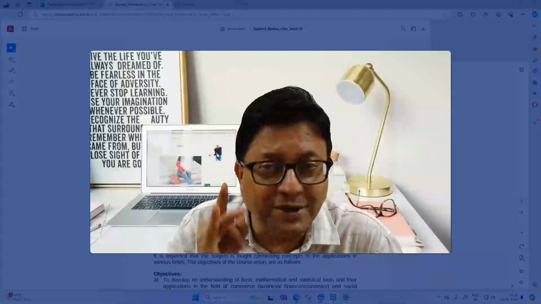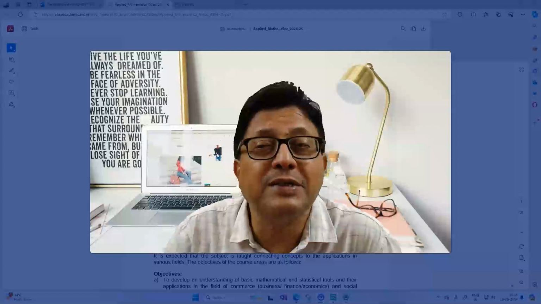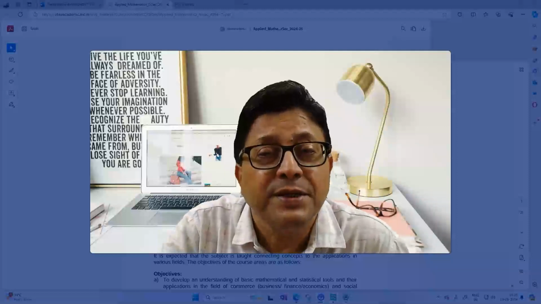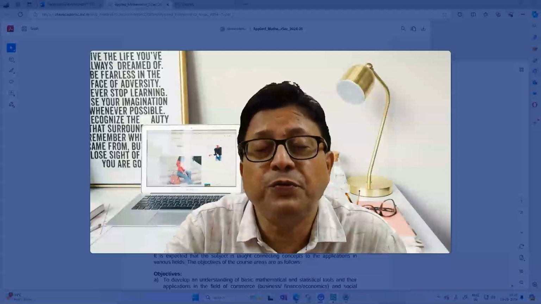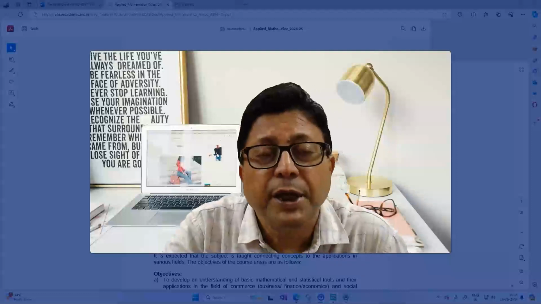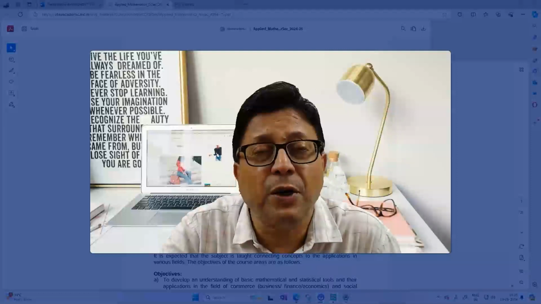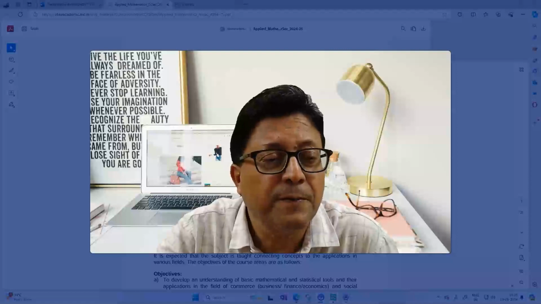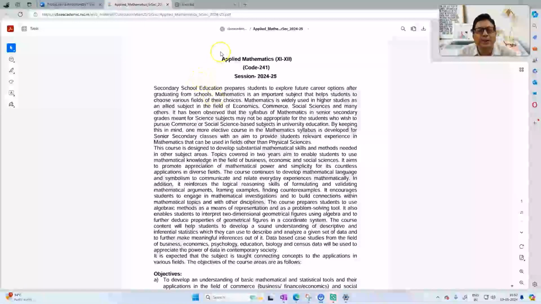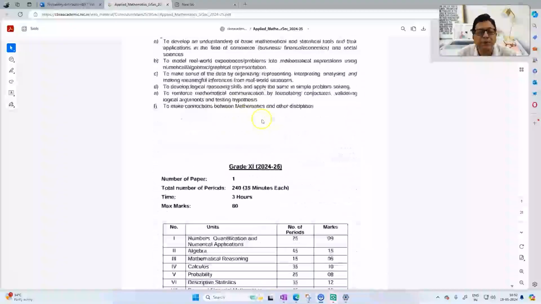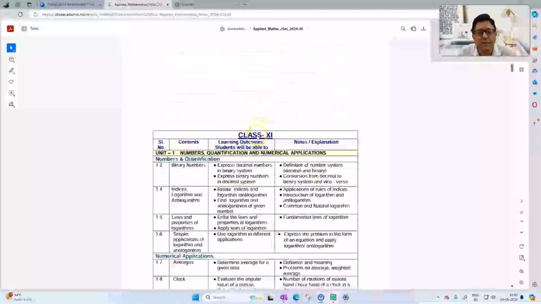But before we start that also, we need to know what is there in the CBSE syllabus for 2024-25. If you go to the academic website of the CBSE board, you can discover this page, Applied Mathematics 11 and 12, code 241, session 2024-25. What is there in the class 11 syllabus, you don't need.